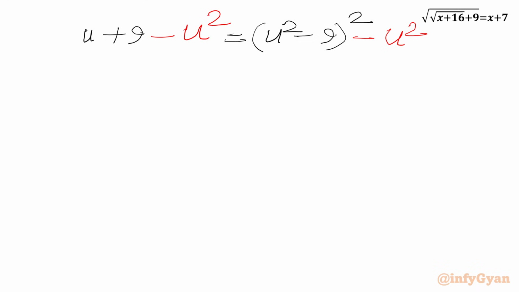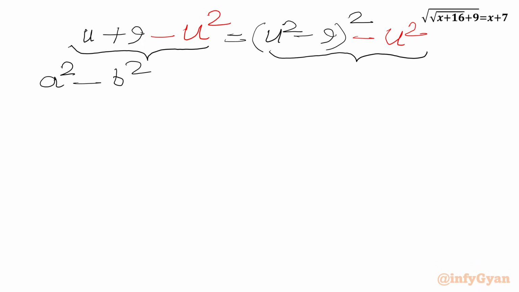Now we will take minus 1 common from the left hand side. From this side we will take minus 1 common, and here we are going to apply the difference of two squares identity. So if I write the identity here, a square minus b square equal to a plus b times a minus b.